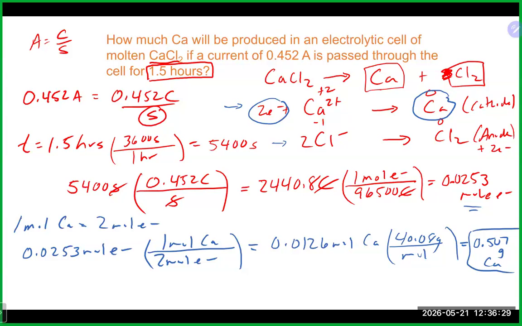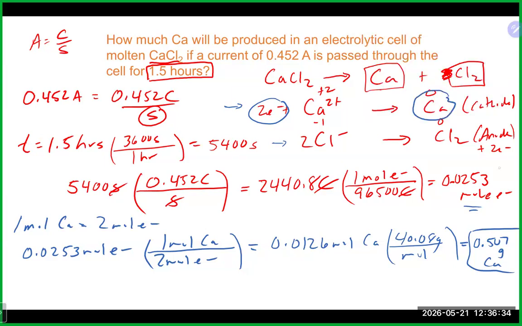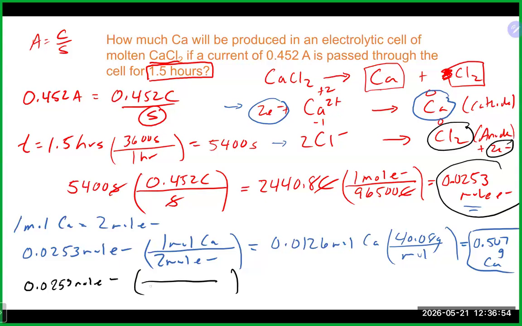In this case, they really didn't ask for chlorine, but you could have done chlorine as well. So you could have picked it up, obviously, here, and you could have done the same thing with chlorine, 0.0253 moles of electrons. Two electrons gives us 1 mole of chlorine gas, which is 0.0126 moles.